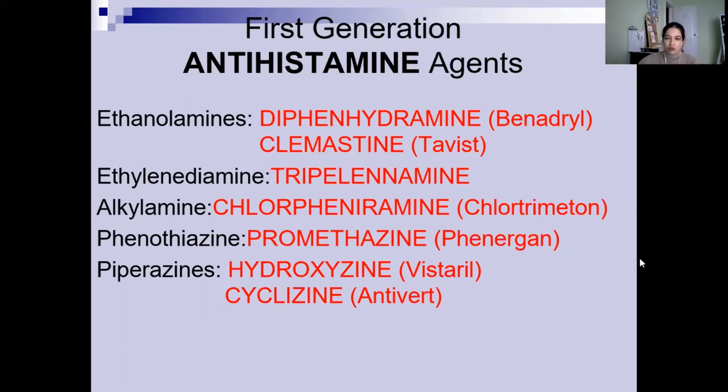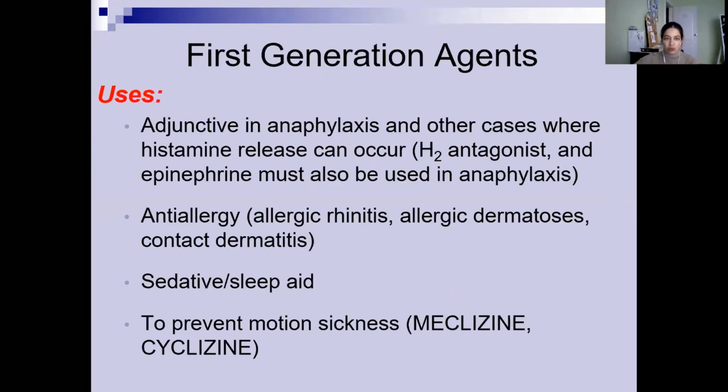The first generation is the older generation of drugs. They are used in anaphylaxis and other histamine release, as anti-allergic drugs, and they have a very strong sedative, sleeping action. They can also prevent motion sickness because they affect the CNS.